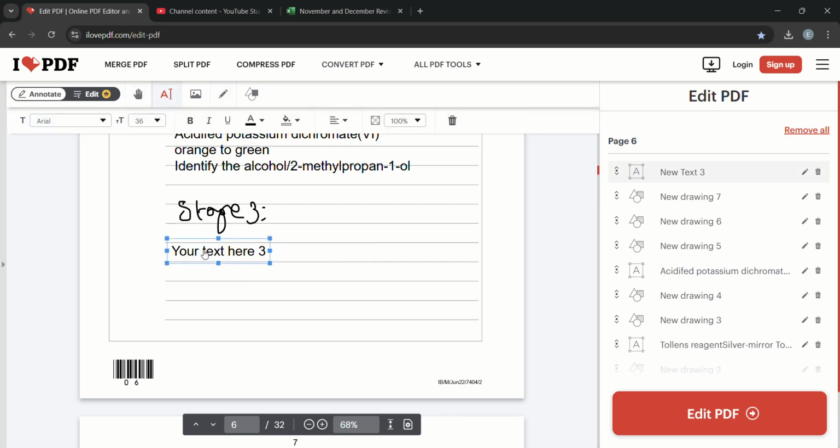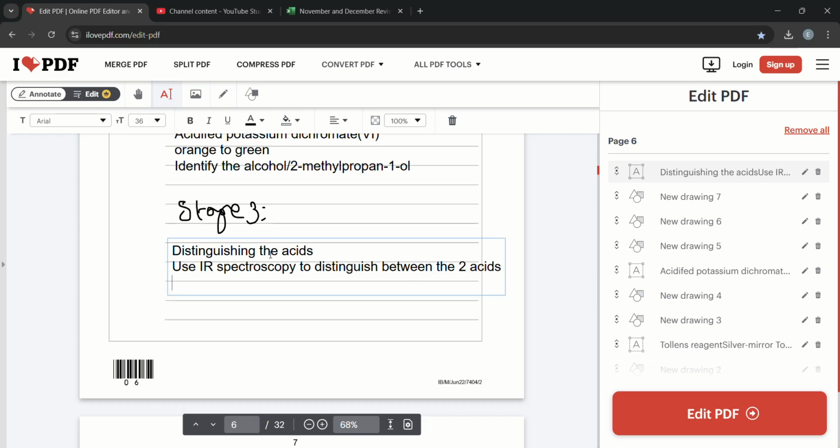Well, it's going to be distinguishing the acids. We want to use infrared spectroscopy to distinguish between the 2 acids. Then we want to use the fingerprint region, the region below 1500 centimeters to the power of -1.